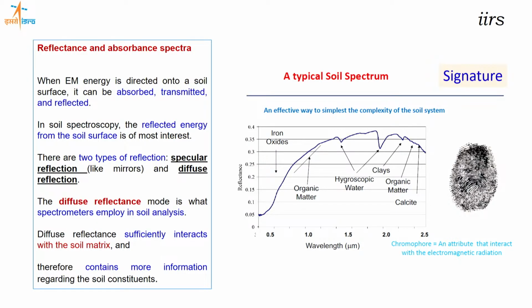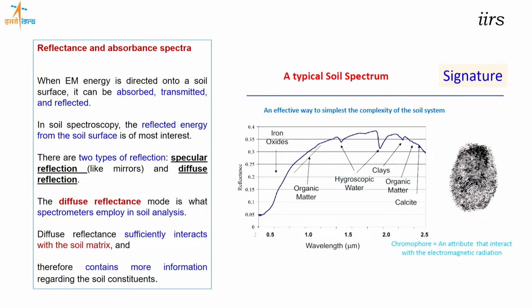The electromagnetic energy coming onto the surface will be partly absorbed, partly transmitted, and partly reflected. The reflected radiation we analyze, to see in which spectral bands how much energy is getting reflected and why.